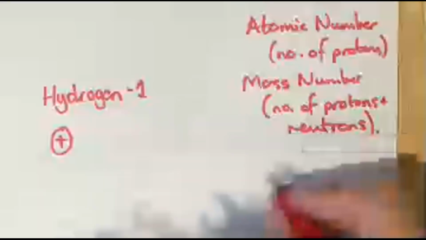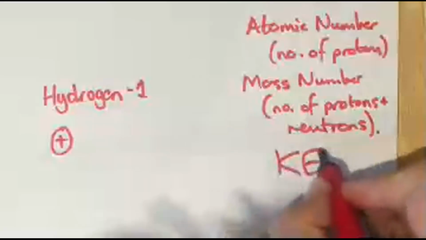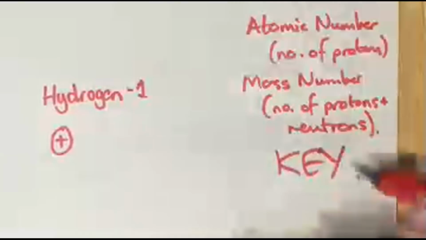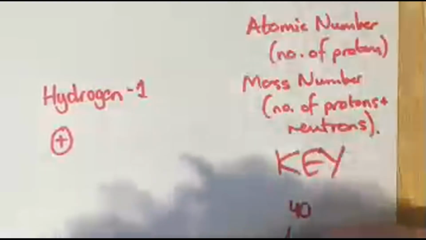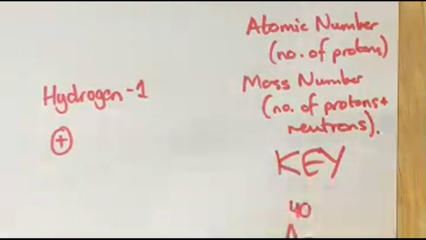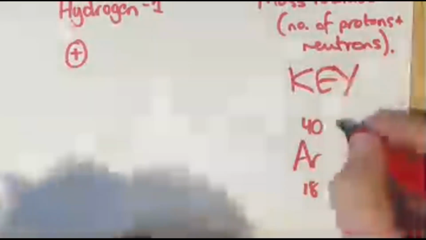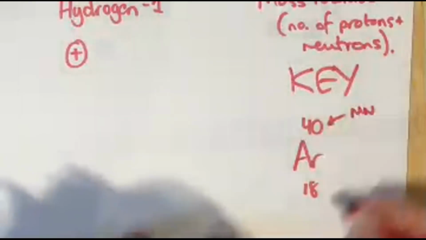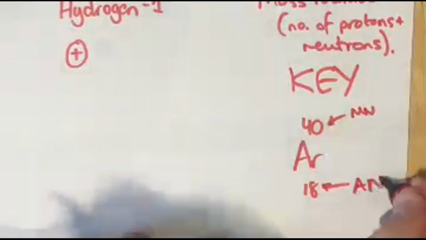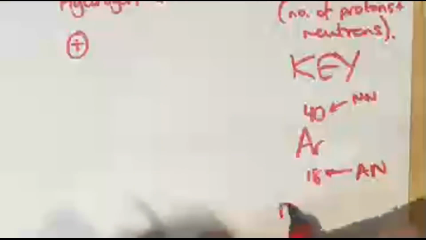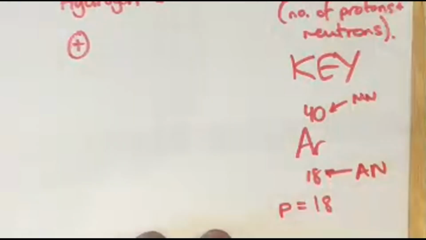If you look on the periodic table, first of all, there is a key on the periodic table that tells you which one's which. But if you look at something like argon, we've got 40 Ar 18. This one up here is the mass number. This one down here is the atomic number. So if you had to say the number of protons, that would be 18, because that's the atomic number, and the atomic number is the number of protons, which is 18. Okay.